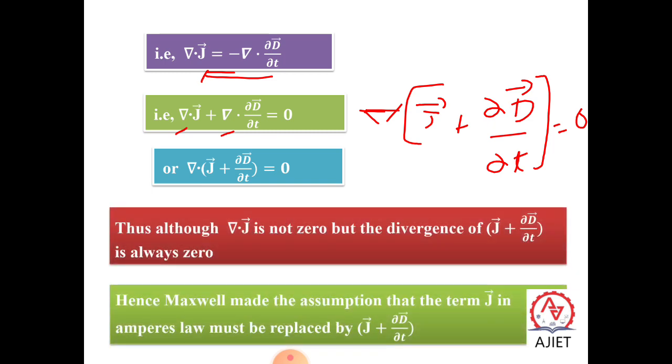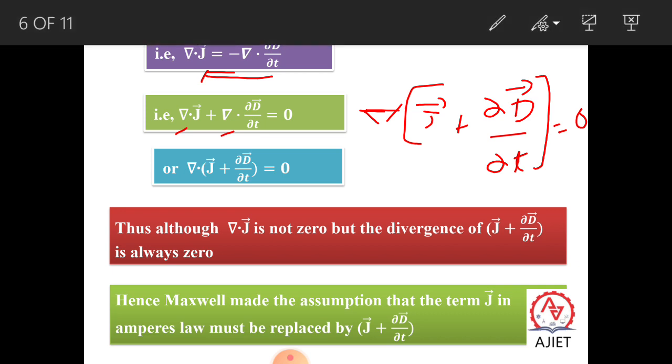Next, see what happens in this expression. Just like the equation x dot y is equal to 0, either x equal to 0 or y equal to 0.